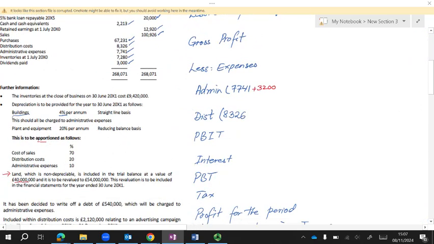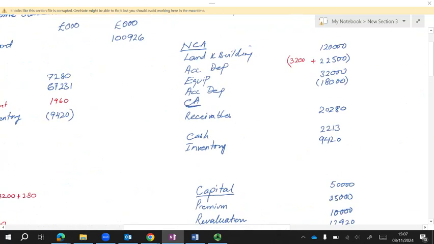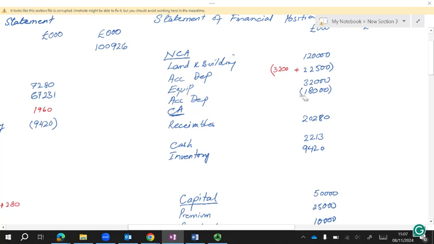And in the distribution, we will add 560. In the administration, we will add 280. So the total depreciation of plant and equipment is 2,800, which will also be added in the accumulated depreciation. So 18,000 was from the previous years, we do not know how many years, plus the 2,800 for this year.